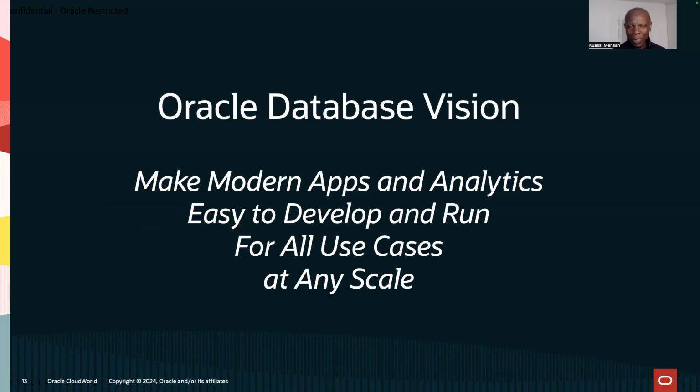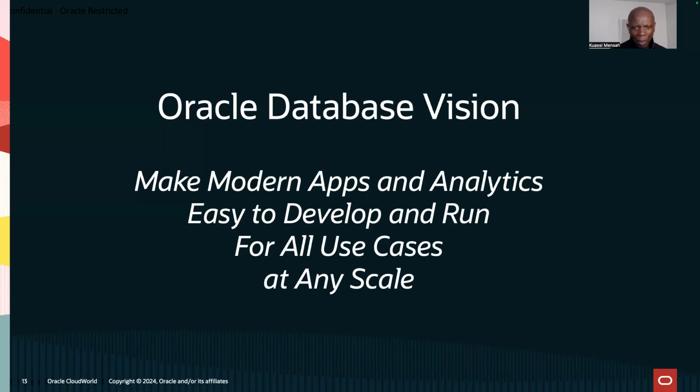So remember when we started this presentation, we talked about the goal of the cloud platform, which is scale, reliability, resilience, and flexibility. The database is in the same vein. We want application development to be easy. We want it to be for all use cases and at any scale. So that's the Oracle database vision.